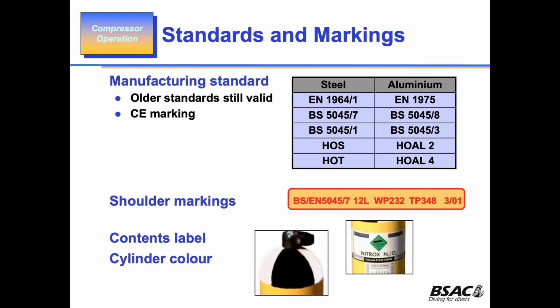The rest of the cylinder can be any colour, but that's what you should normally find. But nowadays you'll see people kicking around, and even me, if I look at my cylinders, I ain't got black and white collars. They're all white cylinders, but all the rest of the required bits and pieces are there. But the shoulder markings, they definitely must have something like that on the shoulder marking to show that the cylinder is legal.